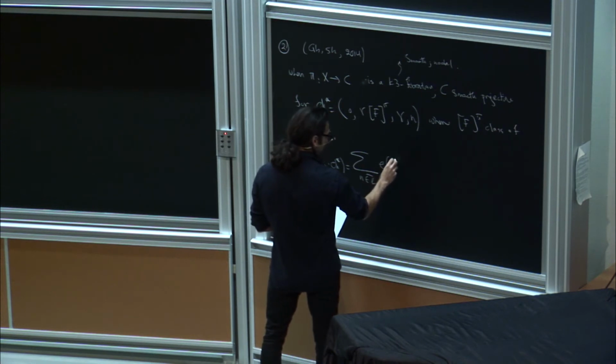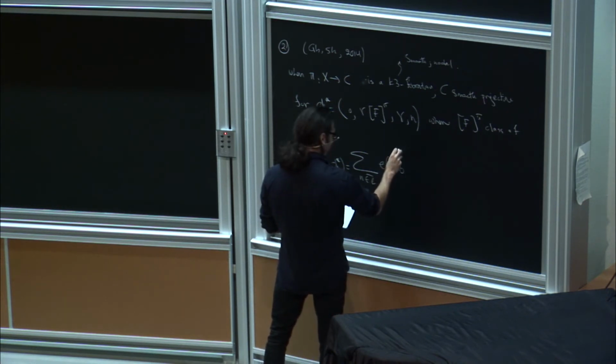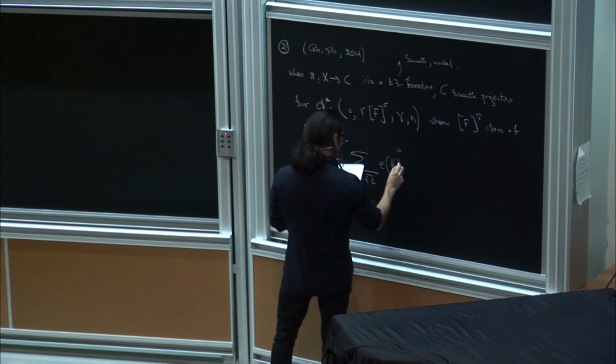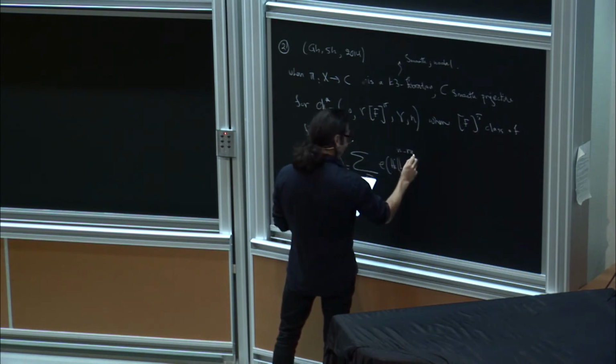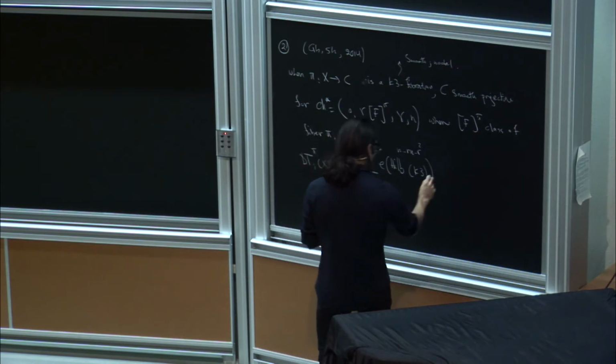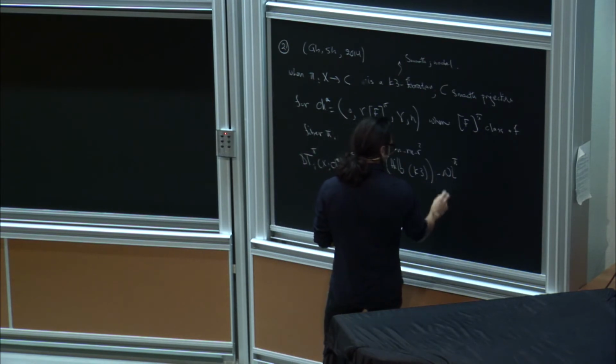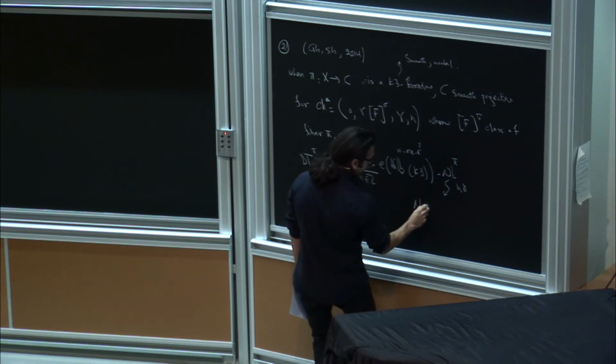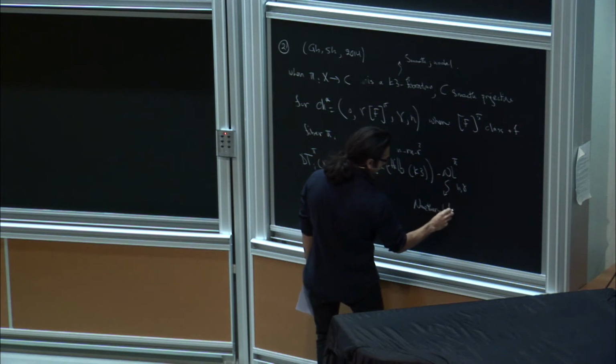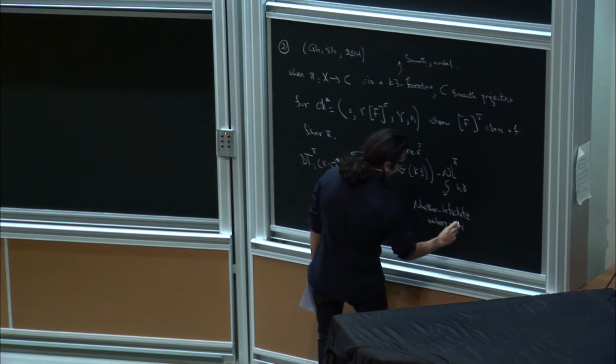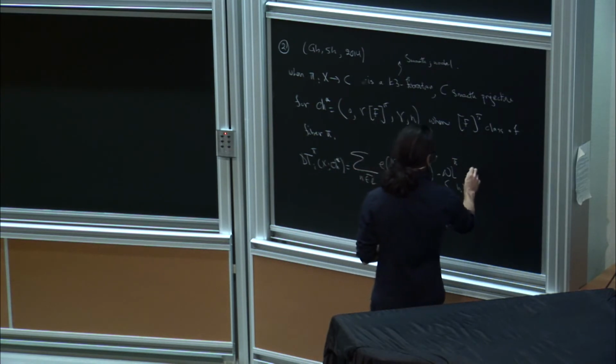And here I will get the Euler characteristic of the Hilbert scheme of n minus r squared of the K3 fiber times the Noether-Lefschetz numbers of the fibration, minus some other term.